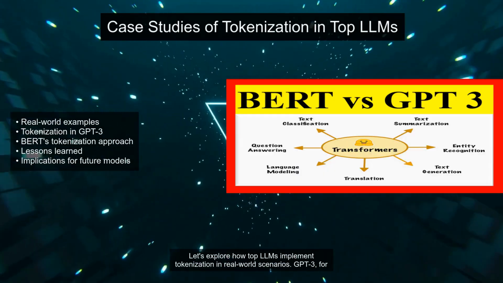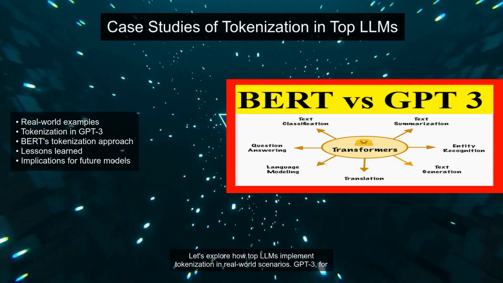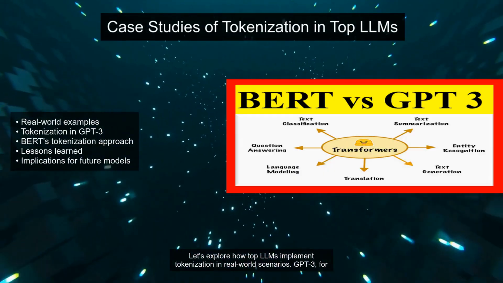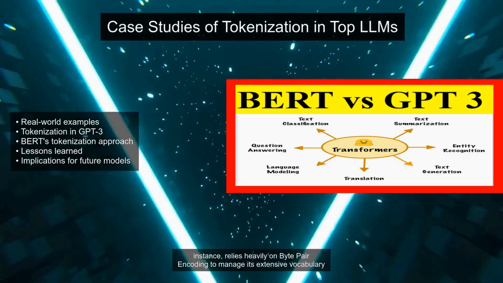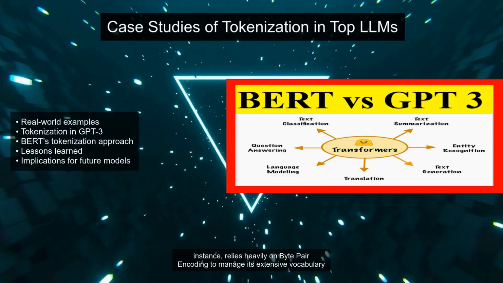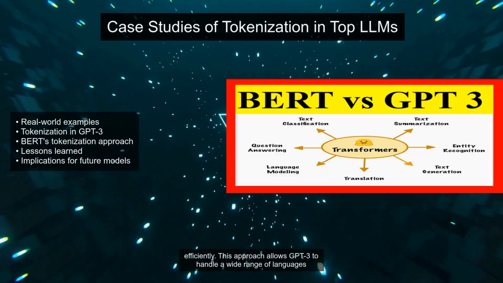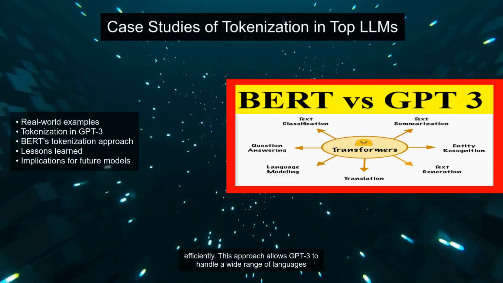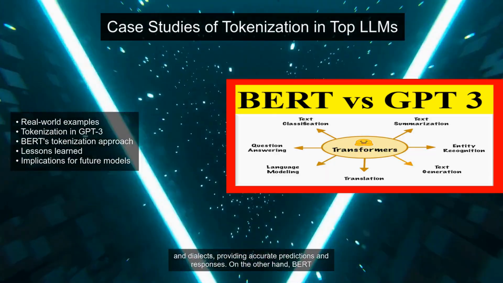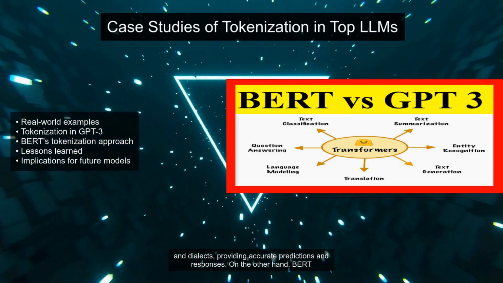Let's explore how top LLMs implement tokenization in real-world scenarios. GPT-3, for instance, relies heavily on byte pair encoding to manage its extensive vocabulary efficiently. This approach allows GPT-3 to handle a wide range of languages and dialects, providing accurate predictions and responses.